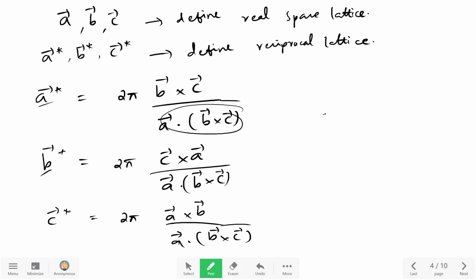Now you might see a letter G, a vector G. This is actually the translation vector in reciprocal space.